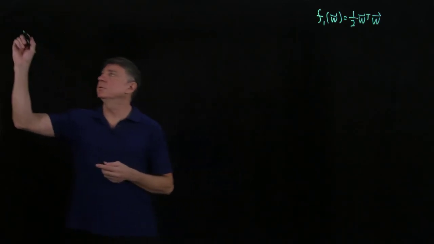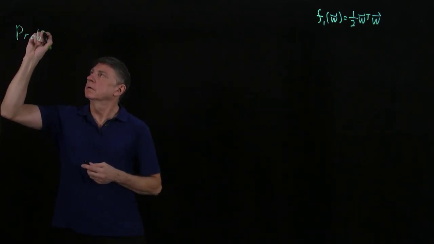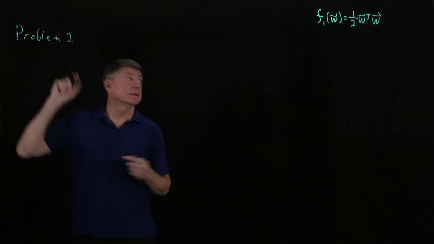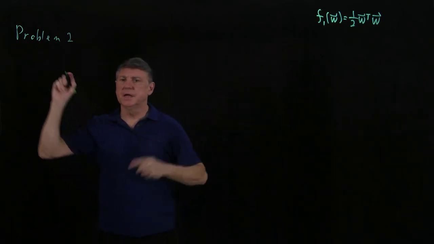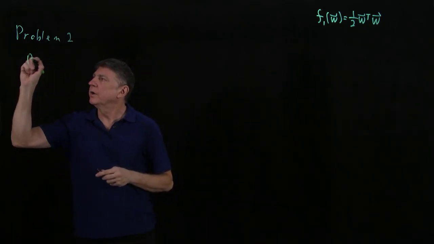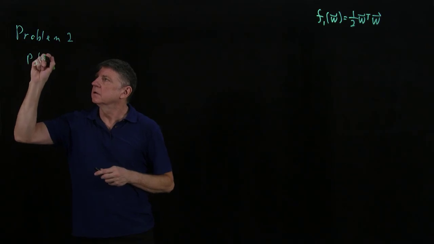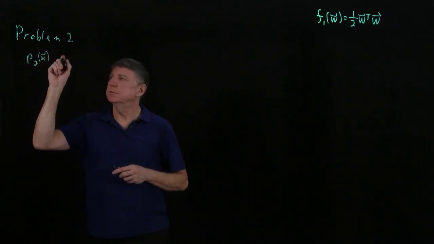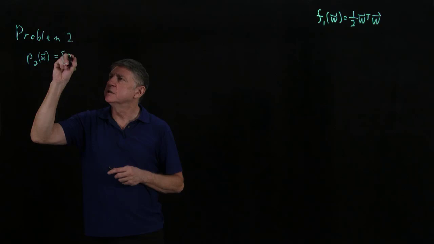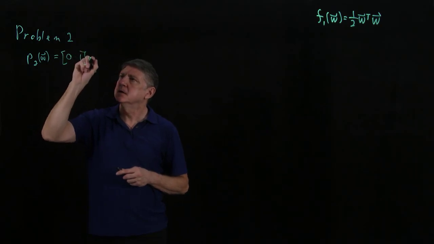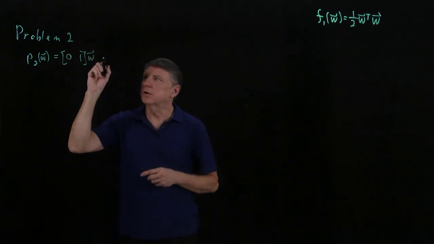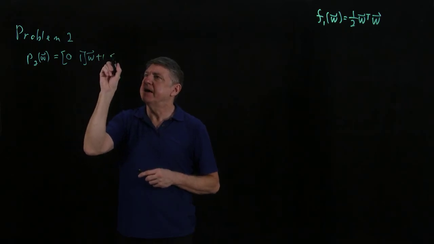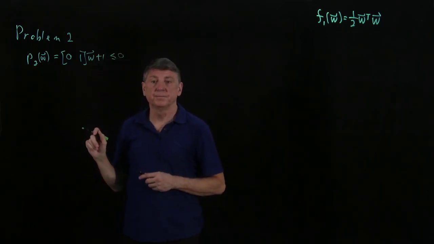In problem 2, we have this same objective function, and now we are looking at property function 2, which was [0, 1] times the argument plus 1, and that has to be less than or equal to 0.